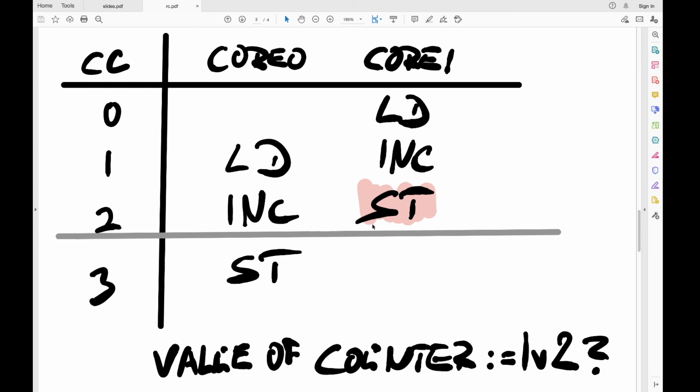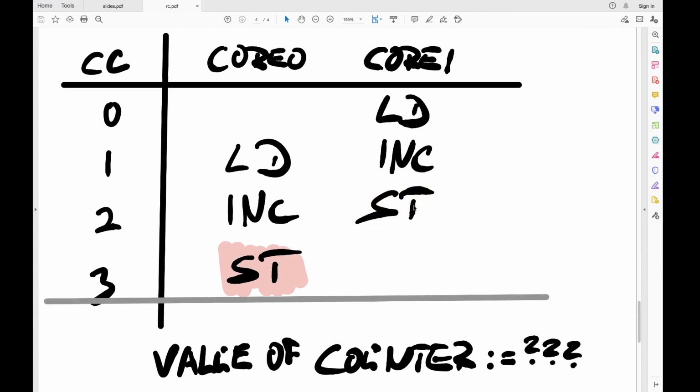Yeah, and this is actually pretty bad, and this is what we call a race condition, because basically the two threads are racing against each other, and it's unclear which of the two threads will win. So one might actually assume that finally, when core 0 stores the variable, it should ultimately have the value 2.